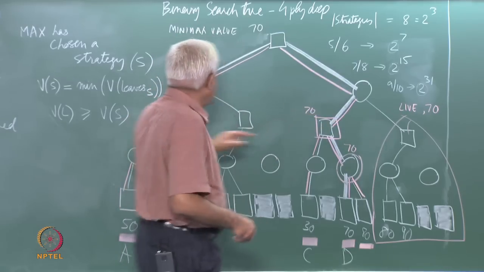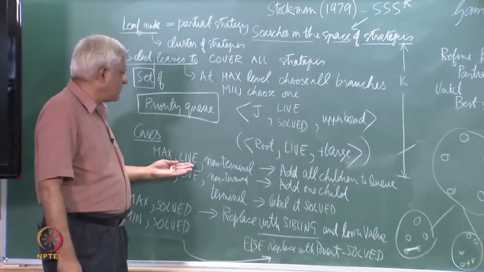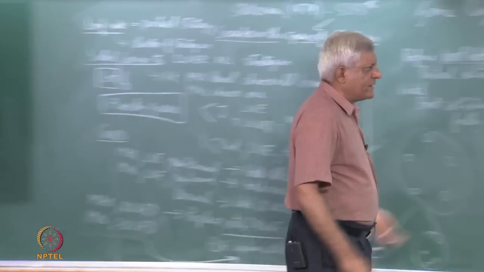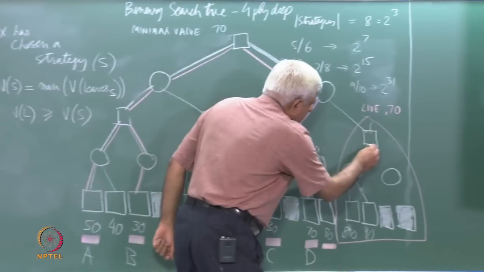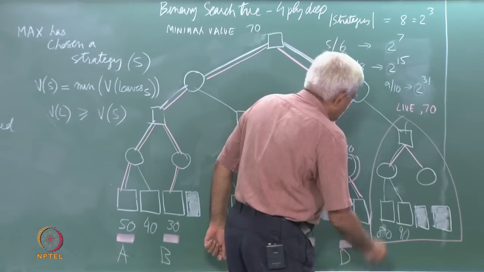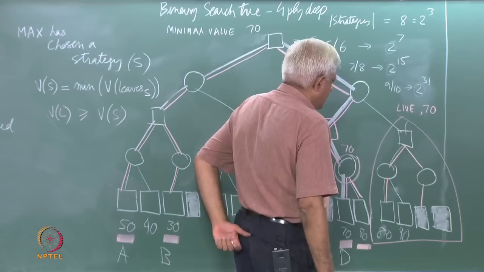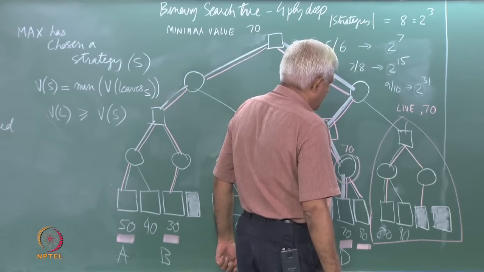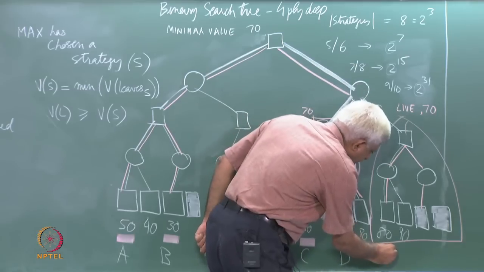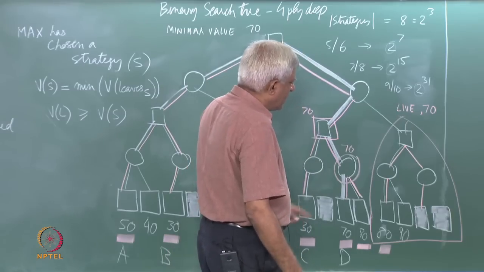Now, since it is a live node, it is like a recursive call essentially henceforth. It is a live node, we follow this: add all children for max, one child for min. So, we first look at this, and all these are added to the queue.